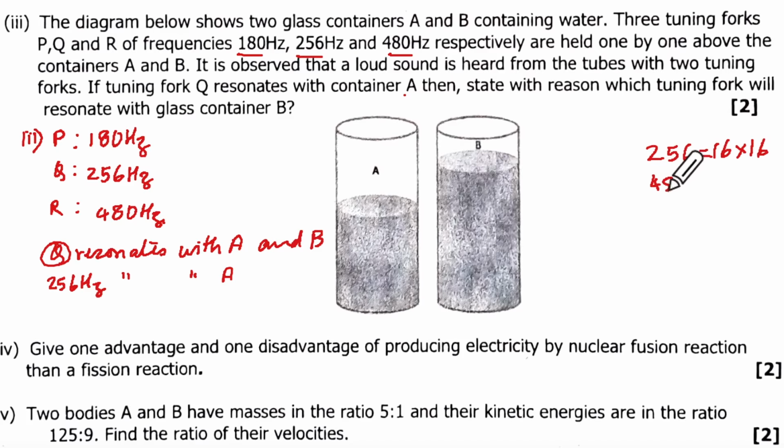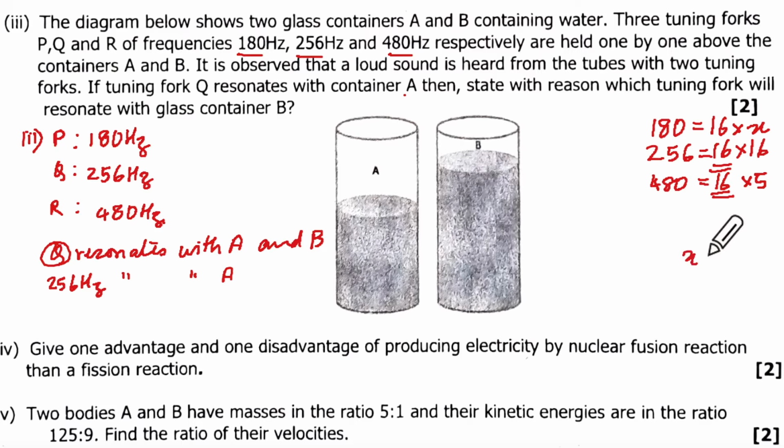And 480 is 16 into 5, correct? But what is 180? Is it a multiple of 16? Let us say it is 16 multiplied by x.